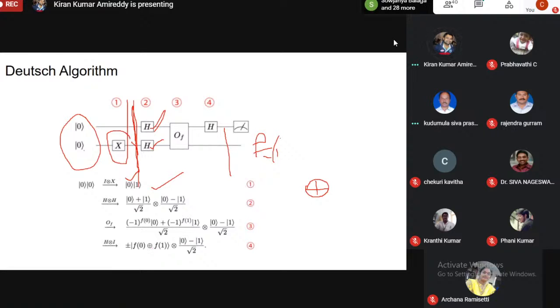This binary addition and binary multiplication will give the superposition of the different states which are there in the entire space of the domain.